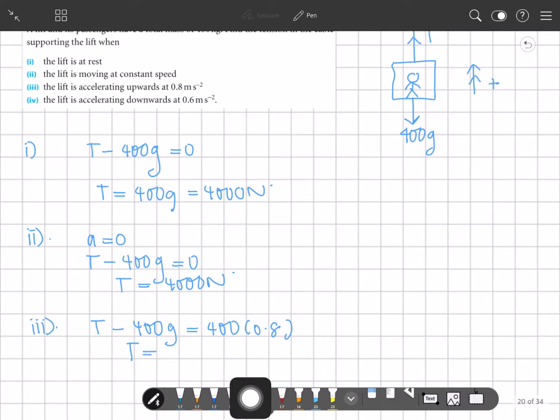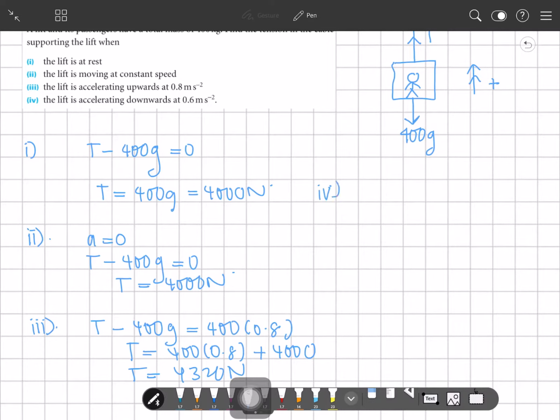So the tension is equal to 400 multiplied by 0.8 plus 4,000 Newton. So the tension is equal to 4,320 Newton in 3 significant figures.